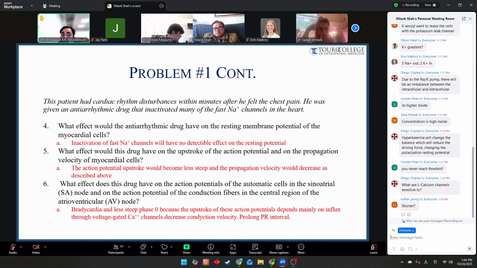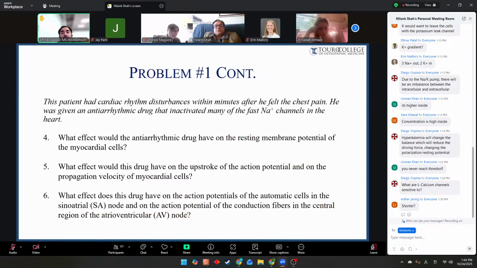Would the membrane potential become more positive? If there's less sodium going in, would that make the membrane potential more positive? So what are you answering the first question here? What is the effect of antiarrhythmic drugs?